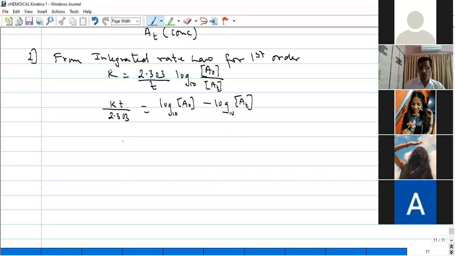If you rearrange it, log to base 10 At is equal to minus k upon 2.303 into t plus log to base 10 A0.